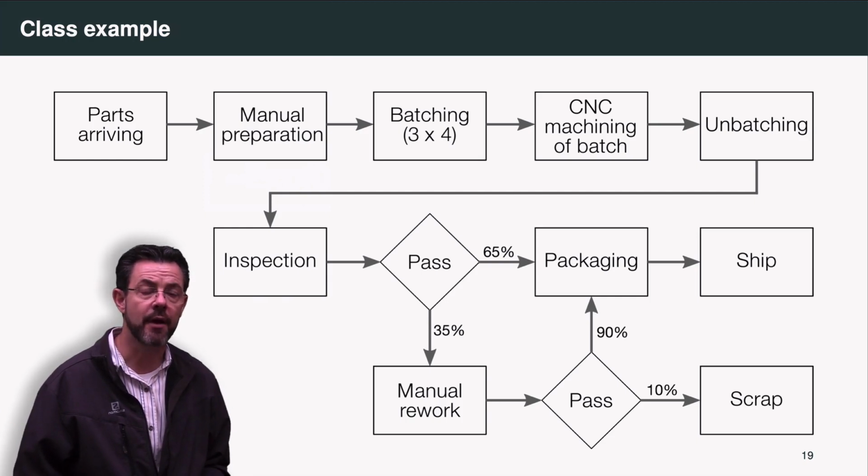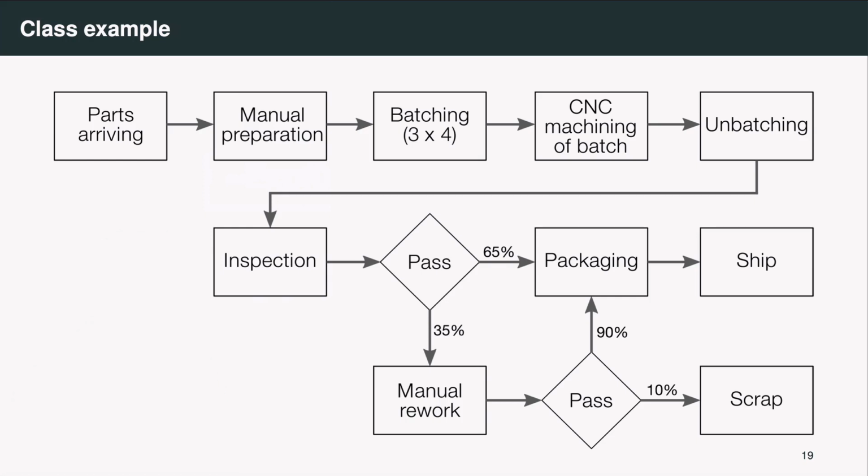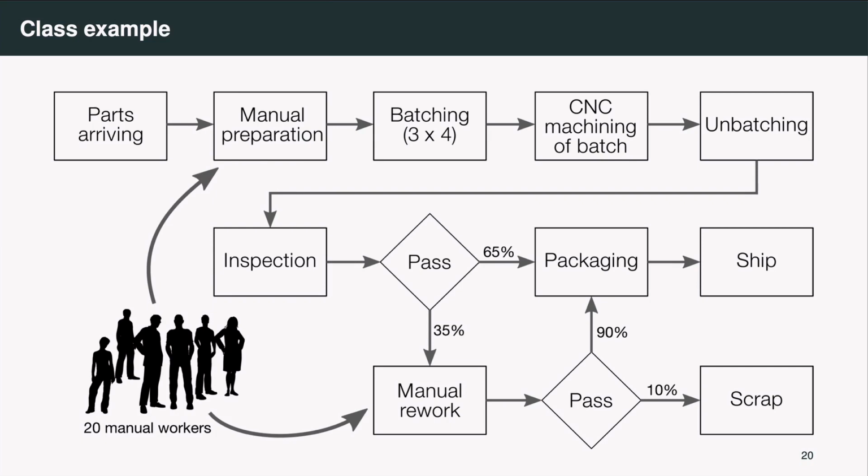Now, those are the parts that we are processing. But there's another element. If we just have 20 manual workers, and these 20 individuals are responsible for both the manual preparation and the manual rework, we may be interested to actually say, how well is this group of 20 people utilized?